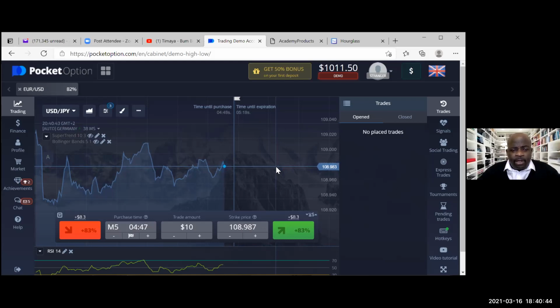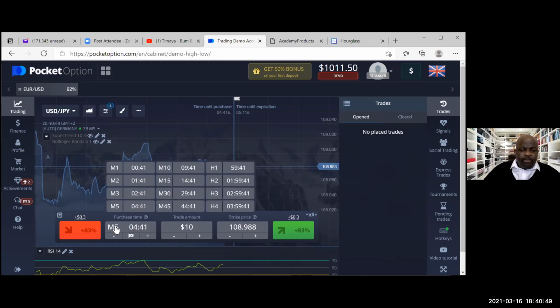Now, you have the chance to take the trade for 5 minutes, 3 minutes, 2 minutes, 1 minute. It depends on your preference. I think it will be good for you to backtest it and see what's suitable for you, or trade it on demo for a while. There was an educator that said, if you do your analysis on 5 minutes, take a 15 minute trade.